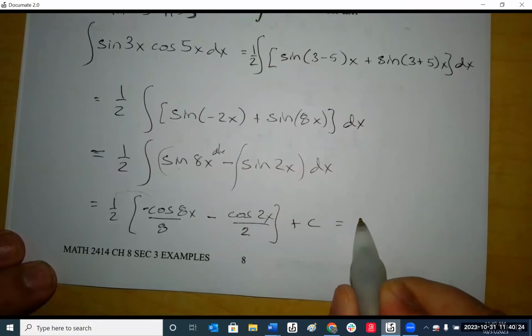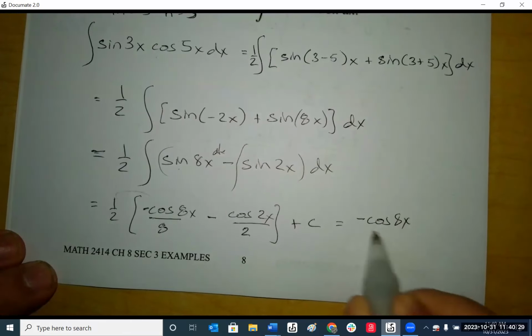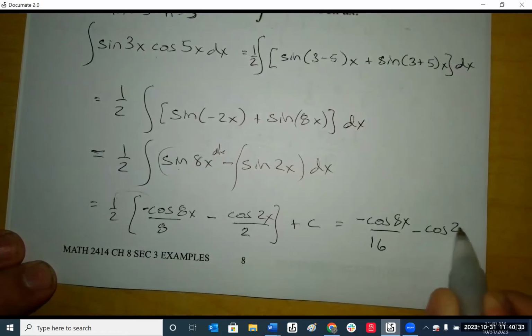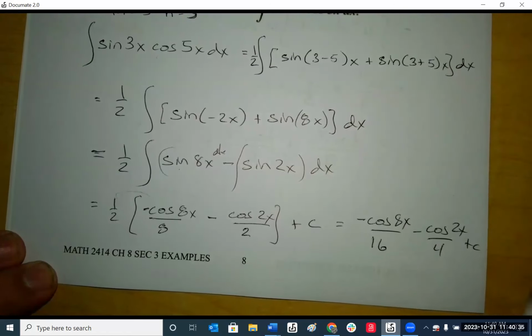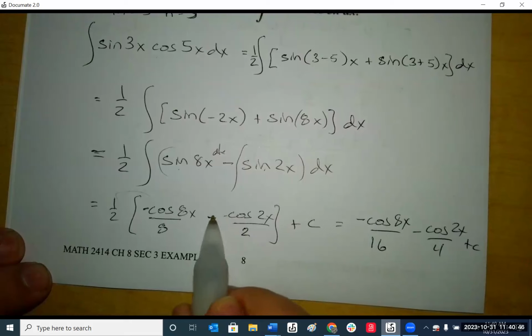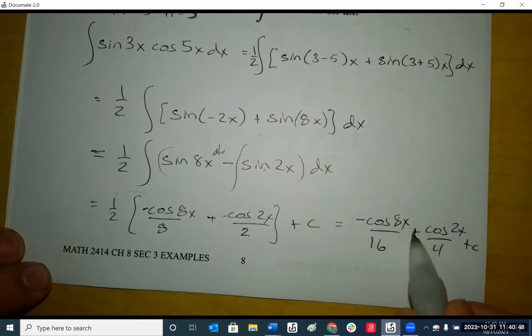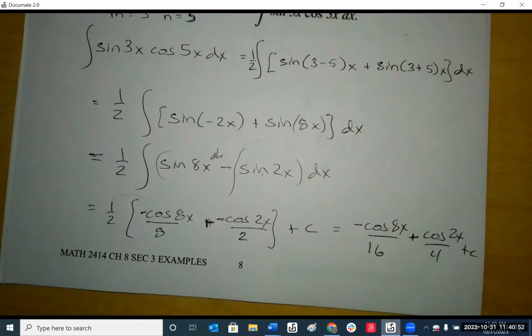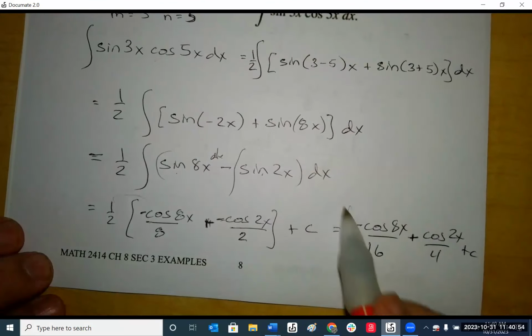We get negative cosine 8x over 16 minus cosine 2x over 4 plus c. No, the integral of sine is negative cosine, so that makes it a plus. So that is our answer.